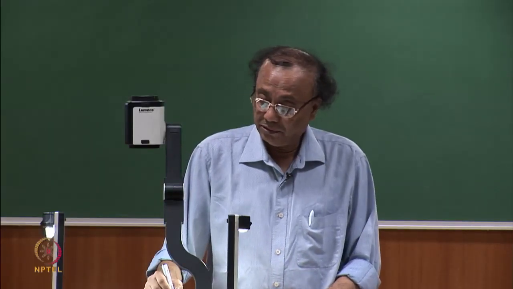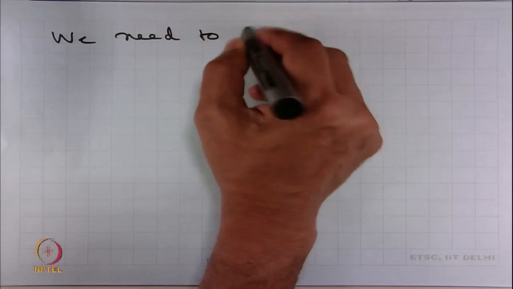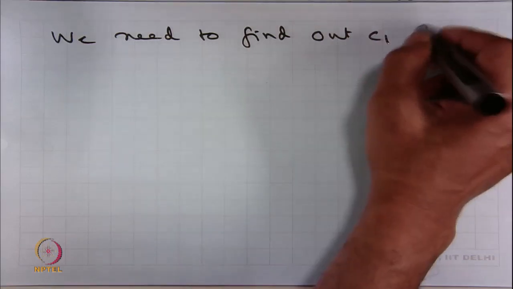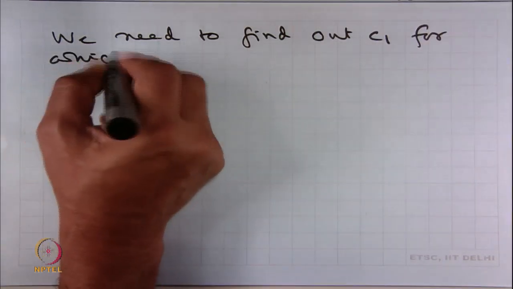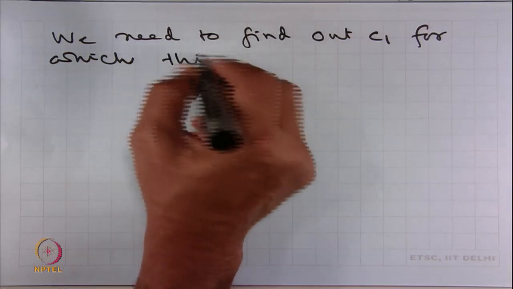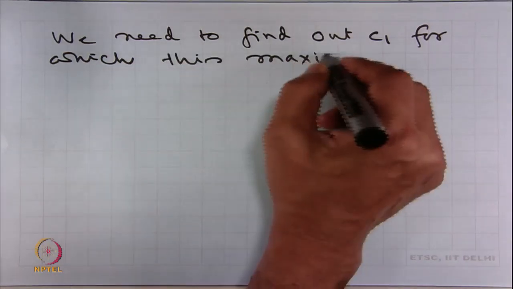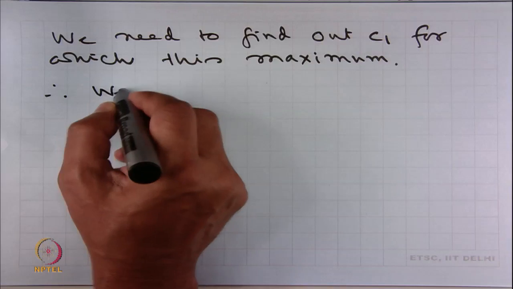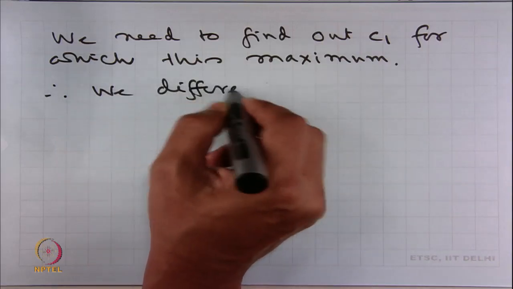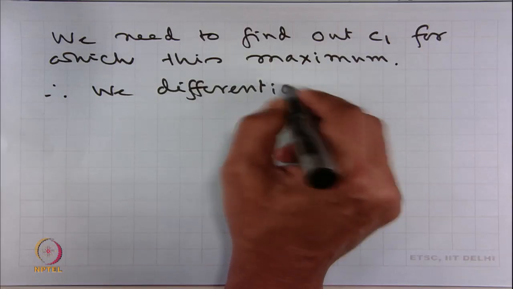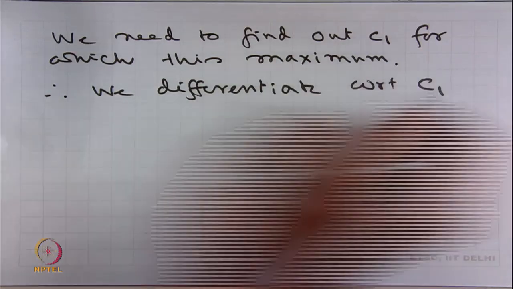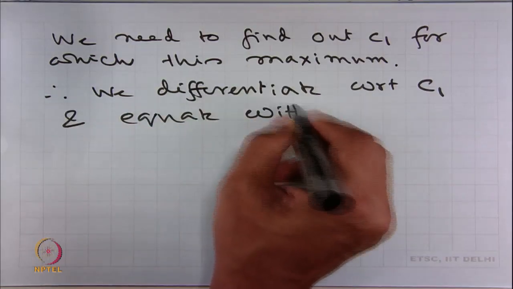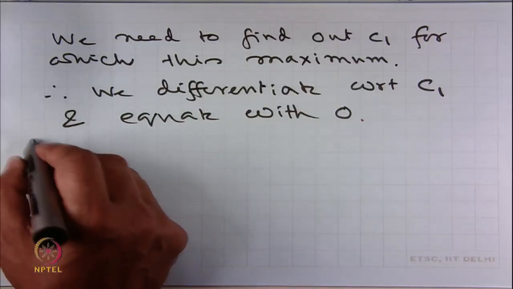So, we need to find out C1 for which this is minimum. Therefore, we differentiate with respect to C1 and equate with 0.